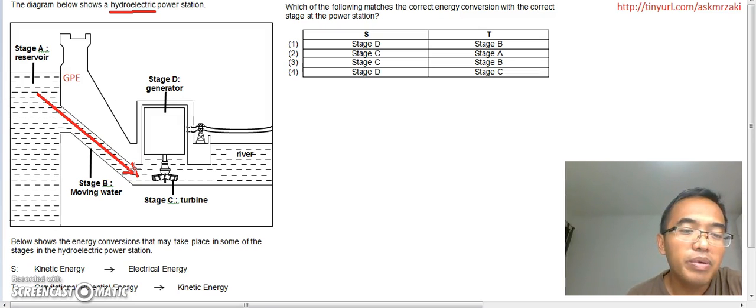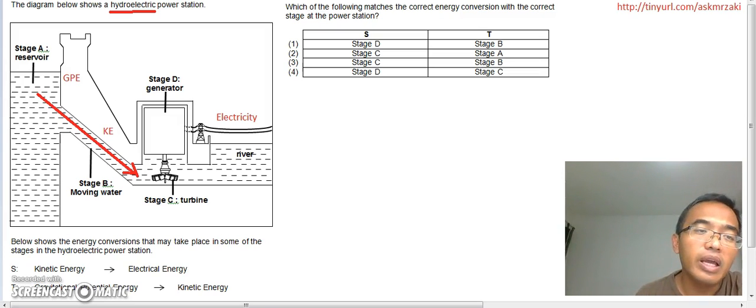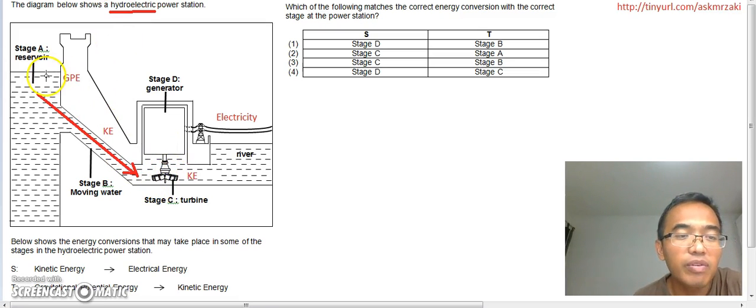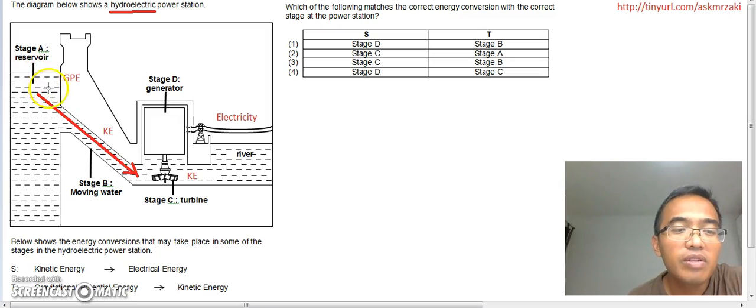When that happens, this kinetic energy will also be pushing a turbine. We know that a turbine is just like a big fan, and the big fan will also have a kinetic energy turning. So again, gravity pulls the water down, so there's movement down here at stage B. Gravitational potential energy is converted to kinetic energy, and kinetic energy pushes the turbine.